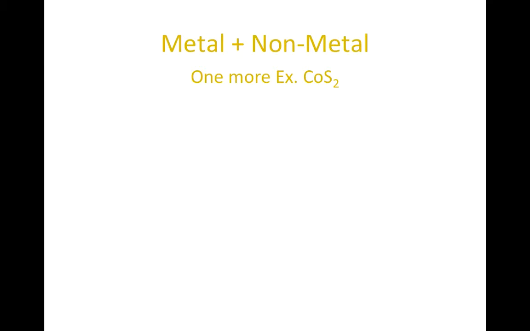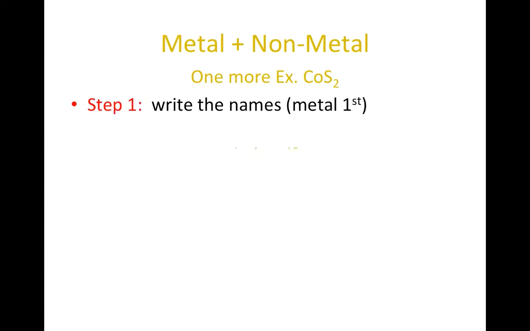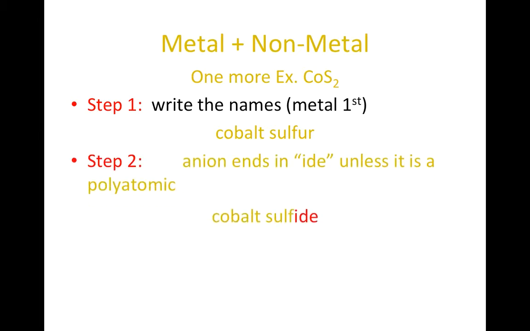One more example because I think these just take practice. Cobalt is a transition metal. It's in the middle of the periodic table. And sulfur, so cobalt sulfur, but remember the second one just simply ends in IDE. So cobalt sulfide. You don't know cobalt's charge because it forms multiple charges, but you can figure it out.